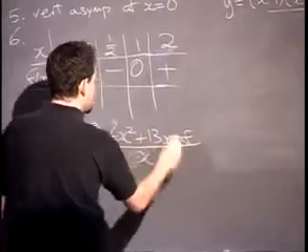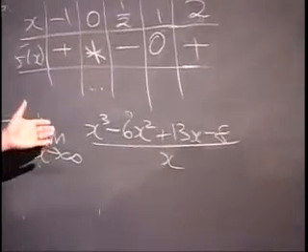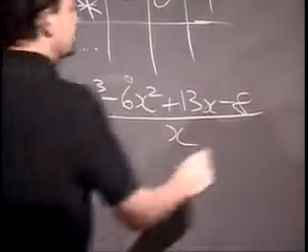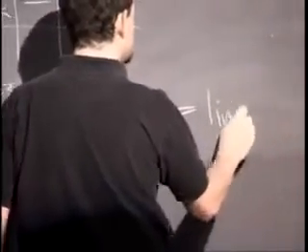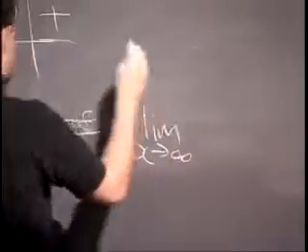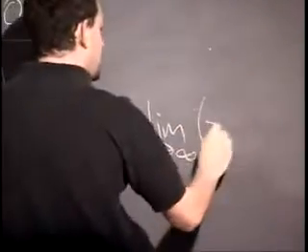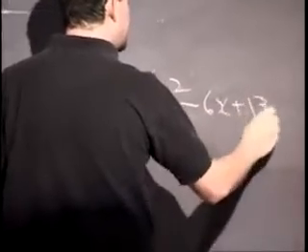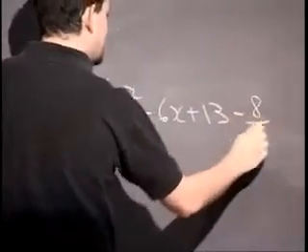Well, in order to do this, I don't even need to multiply and divide. I actually am going to cancel out a factor of x. So I'm going to get x squared minus 6x plus 13 minus 8 over x.